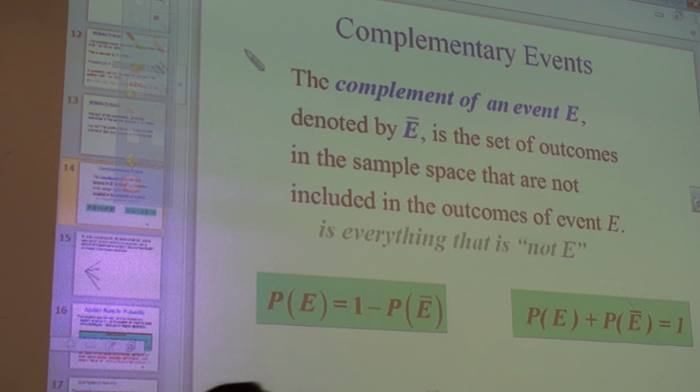Either you own a dog or you don't. Either you like to camp or you don't. Those are complements. It's an either-or thing. So it means that their probabilities had better add up to 1 or 100%. Because either you're in E or you're in not E. And so the probabilities of those two, people have to be in one group or the other, they have to add up to 100%.